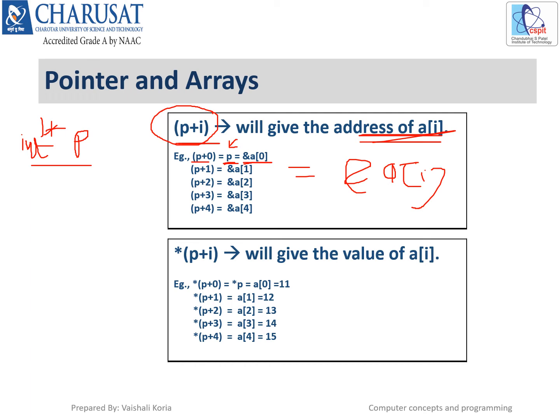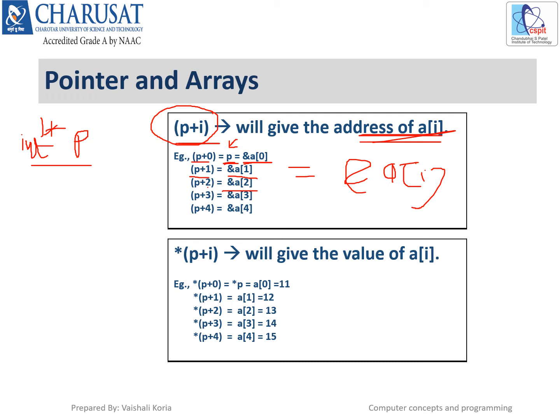Now when you are writing p + 1, actually you are not updating the value of p here, but simply you are writing p + 1. So this statement will give you the address of a[1]. When you write p + 2, it will give you the address of a[2].